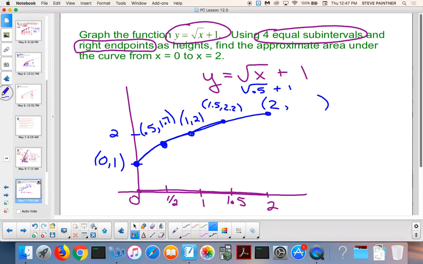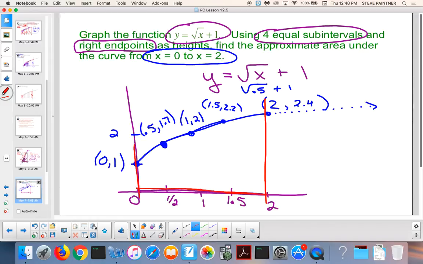I don't know the answer. 2.4 comes out. Got it. And this graph just continues forever, but we don't care about it because we have intervals from 0 to 2. So we have to quit right there at 2, and then we quit at 0. So really, this is the area we're trying to find right here.